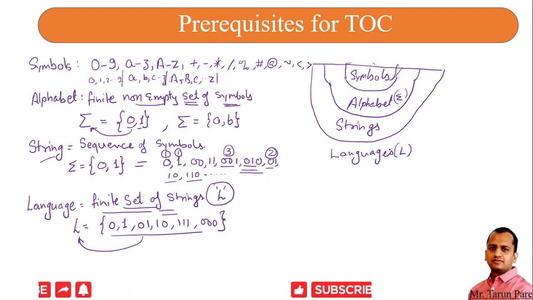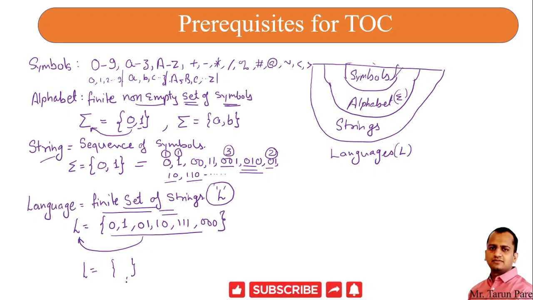Is this clear? Fine. Now, if there are no strings available in the language, then the language will be called an empty language.